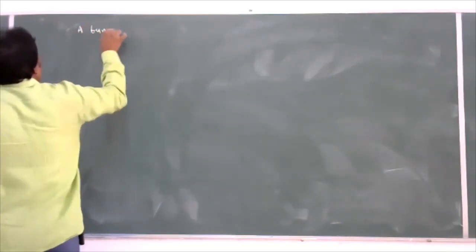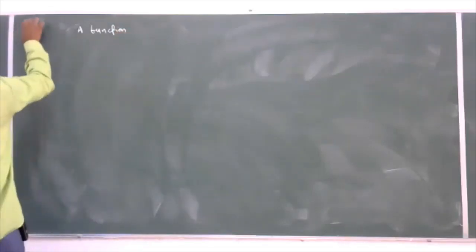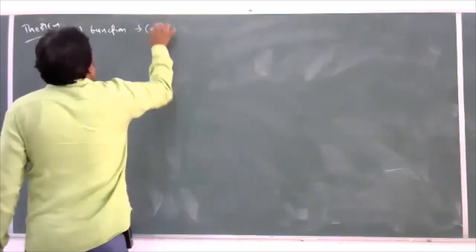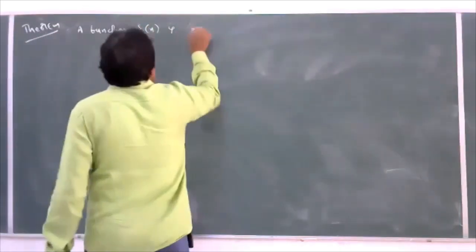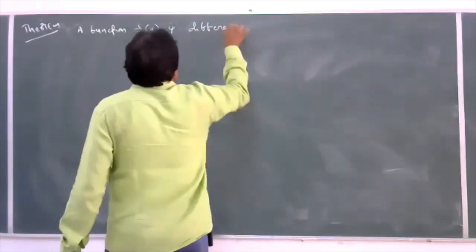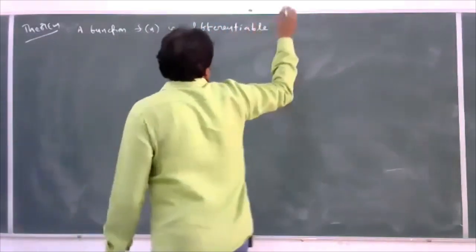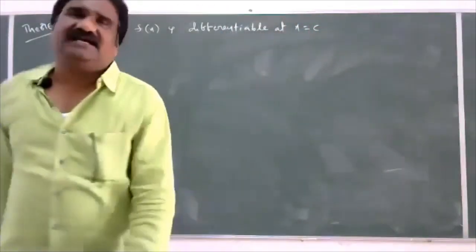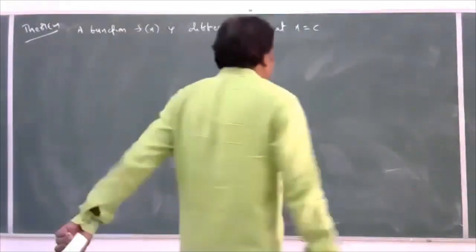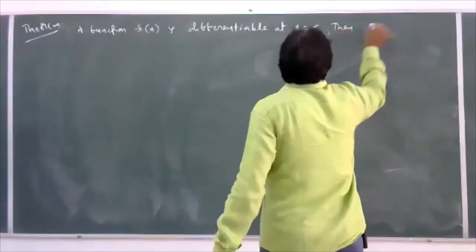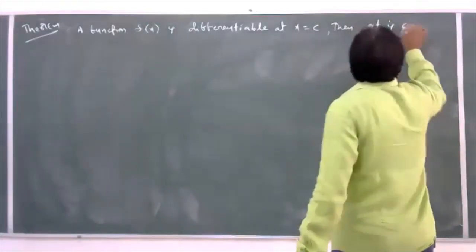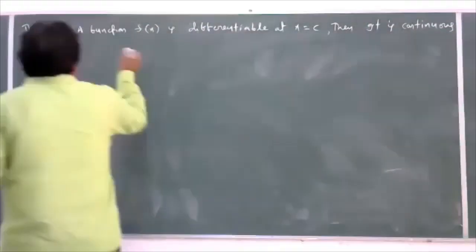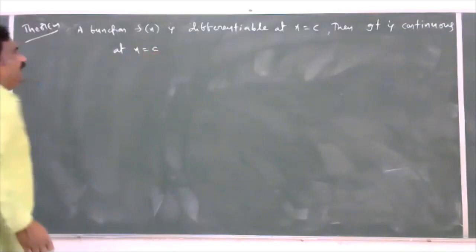Theorem: A function f of x is differentiable at x equal to c, then it is continuous at x equal to c.